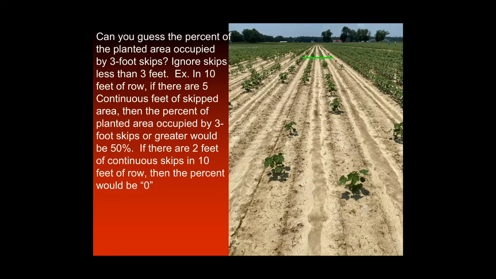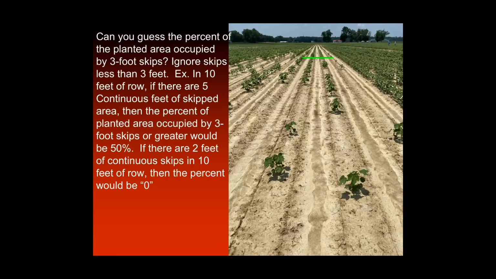Keep in mind, just for example, if you have 10 feet of row and there are 5 continuous feet of skipped area, then the percent of planted area occupied by 3-foot skips or greater would be 50%. So you only want to focus on skips that are 3 foot or greater, okay?